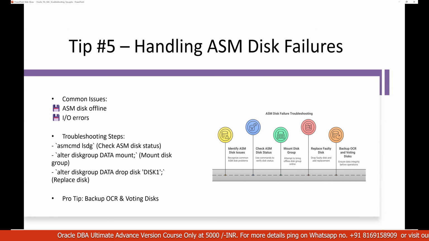Recognize the common ASM disk problems and check the ASM disk status. We need to first verify whether the disks are available and whether they have the proper permissions, or we can try bringing the disk group online if it went to an offline state.